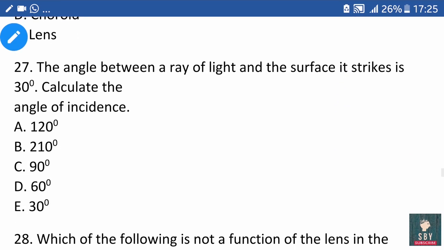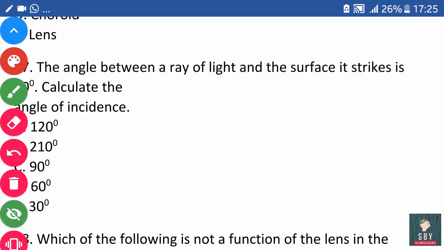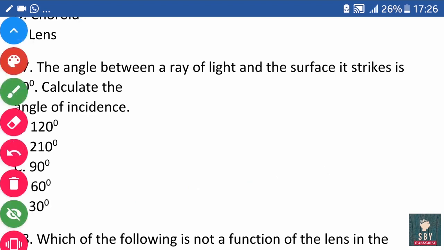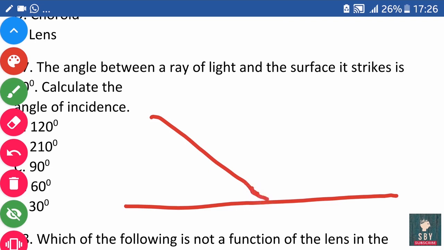The angle between a ray of light and the surface it strikes is 30 degrees. Calculate the angle of incidence. Okay, so this is the normal.